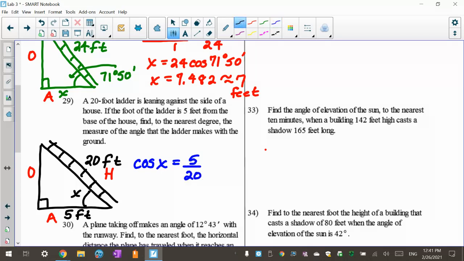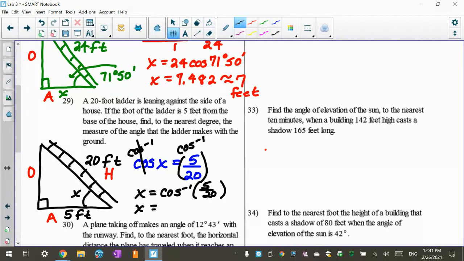So now I have to find the angle, so I have to undo this cosine with an inverse cosine. If I do it, I have to do it on both sides. So x is going to equal inverse cosine of 5/20. And then when I put that in my calculator, don't forget I'm actually coming up with the angle. So this is in degrees. So this is 76 degrees.